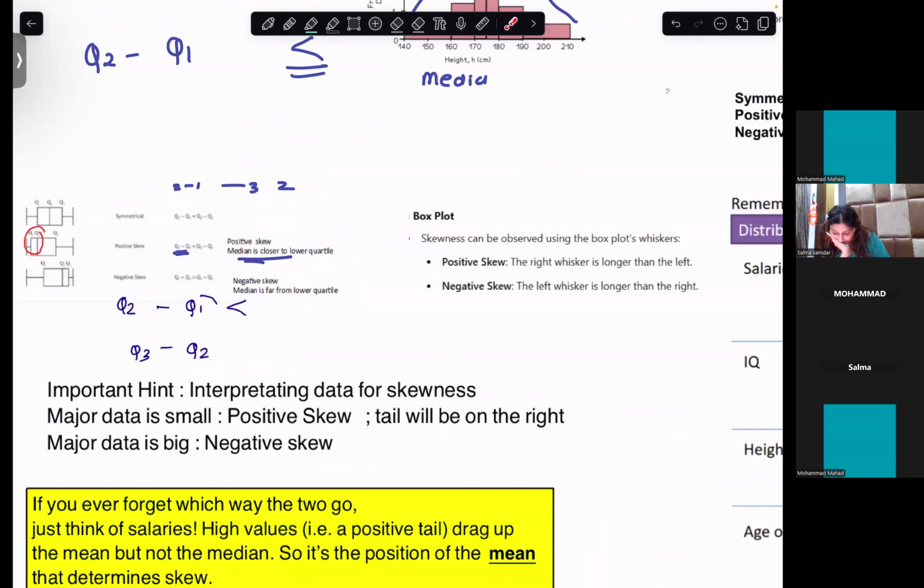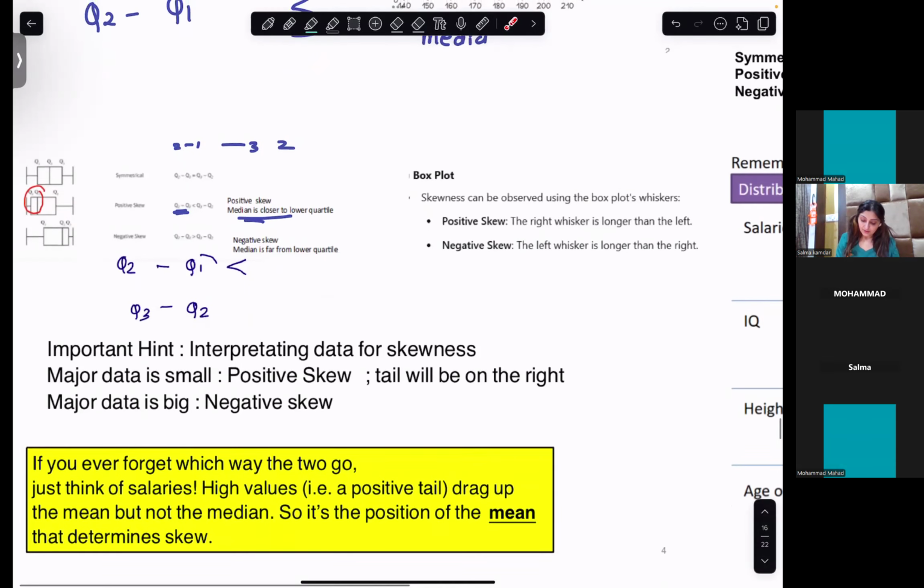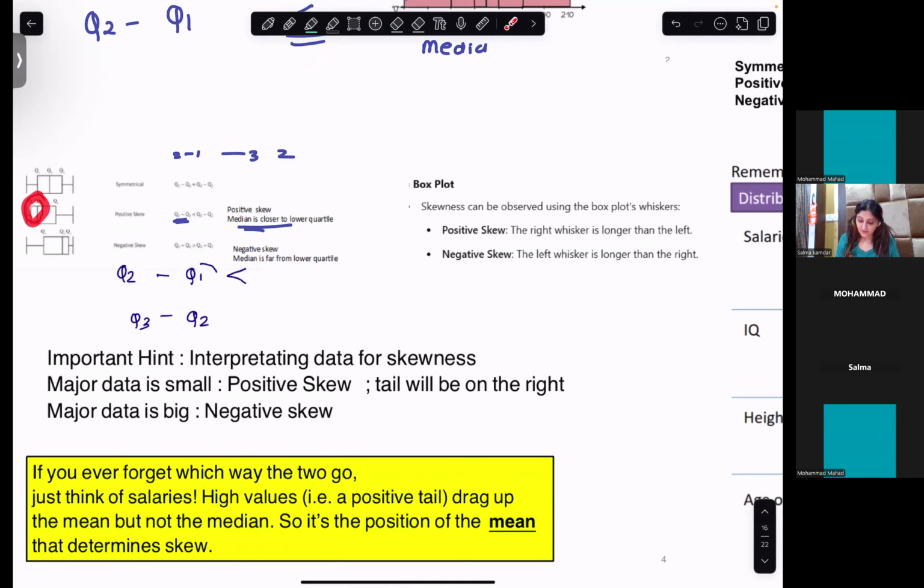And if the left side whisker is longer than the right side, it's negatively skewed. So if it's small, it's positive, and if it's more, it's negative.